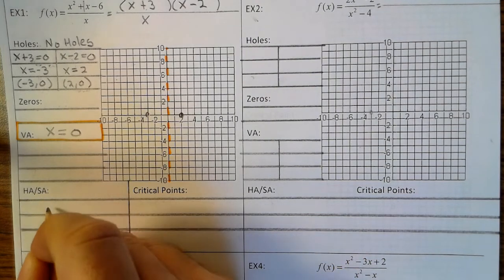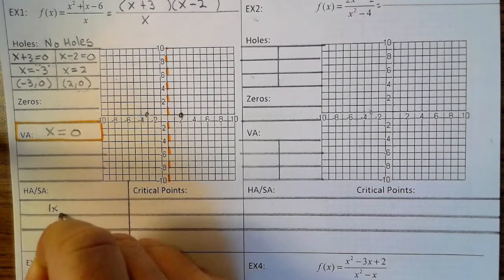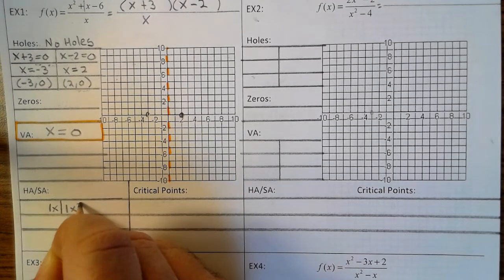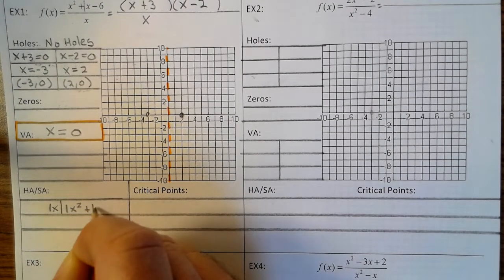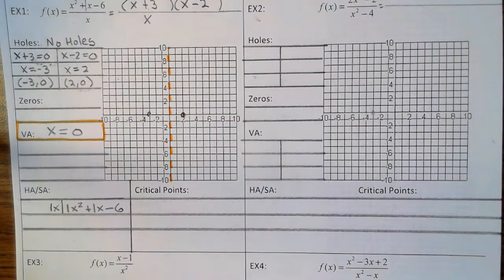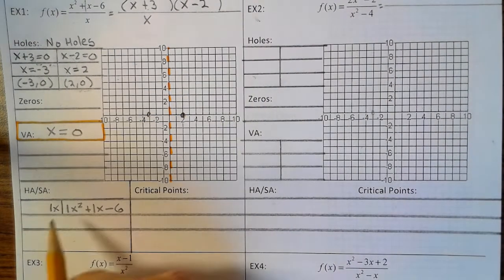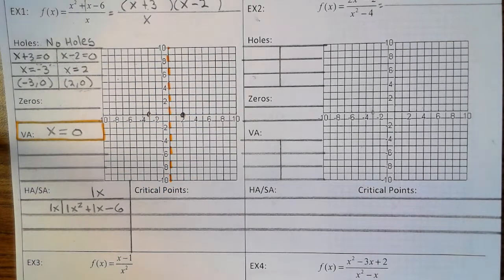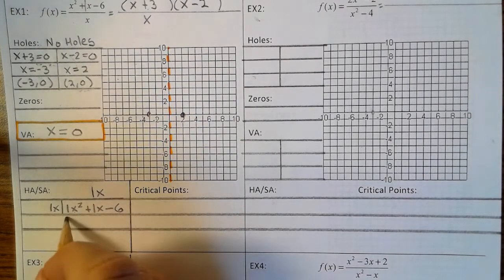So 1x divided into 1x squared plus 1x minus 6. Well, now you ask yourself, what do you multiply x by to give you 1x squared? The answer to that is 1x. Now we multiply 1x times 1x is 1x squared.